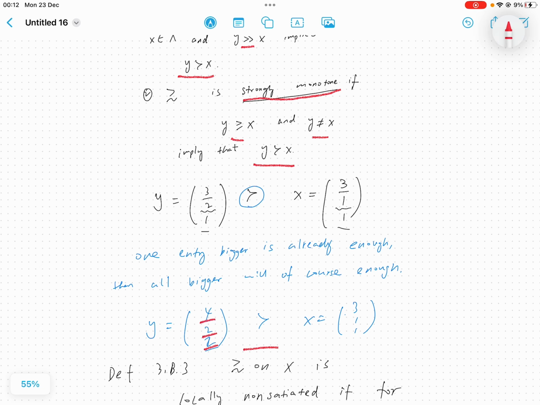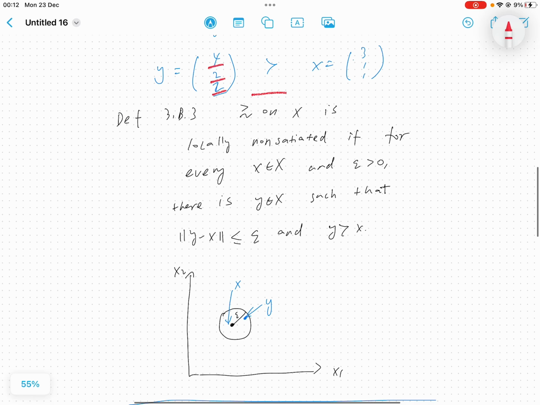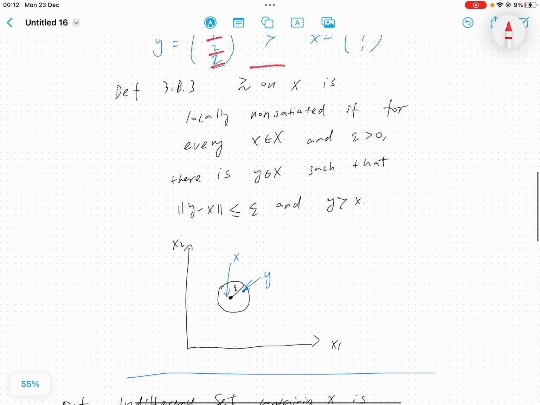Similarly in this case, if the local non-satiation is satisfied, then the condition of monotone, which means that pairwise each is bigger than the other one, will of course be satisfied. Okay, so that'd be the rough idea behind this proof or this simple statement, right?